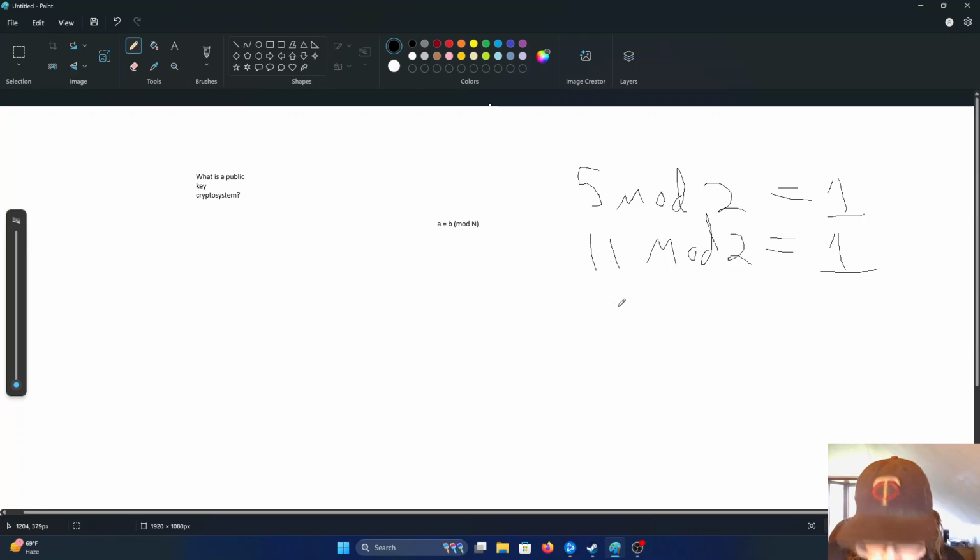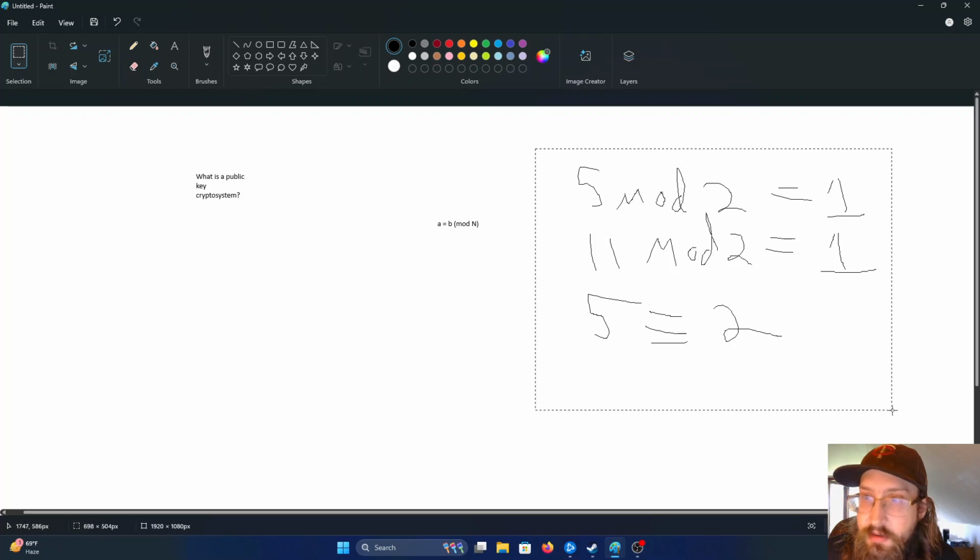So they'll say that 5 is congruent to modulo 2?